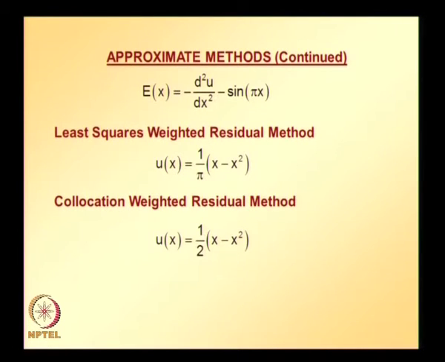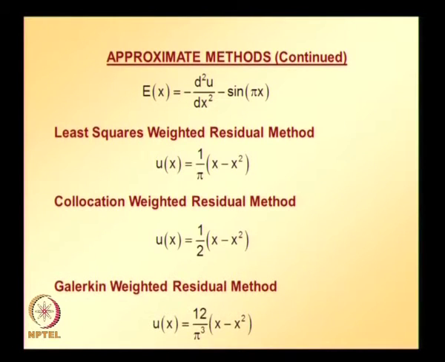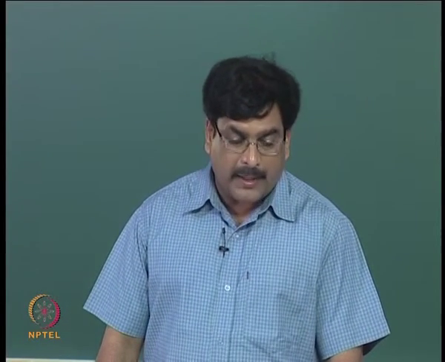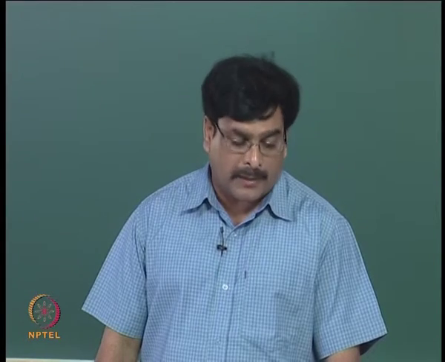For the collocation weighted residual method, this is the solution that we obtained, and for the Galerkin weighted residual method, this is the solution that we obtained. Note that for all these methods we started with a quadratic trial solution, and we can see how this solution matches with the exact solution.